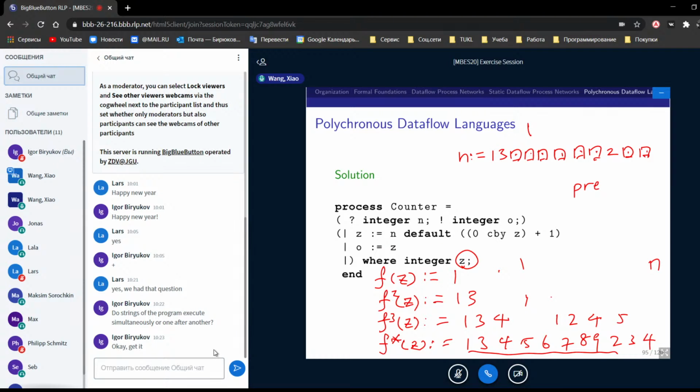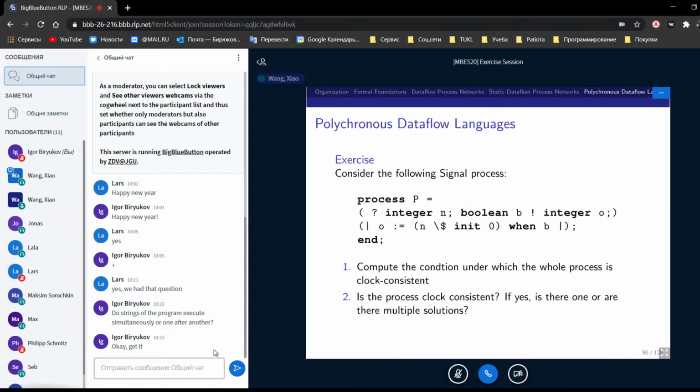But you can write this down and maybe play around with it yourself. Okay, this one is also a bit problematic, but that's not really a big deal, I think. So here we have a signal process, and we need to compute the clock consistency condition.